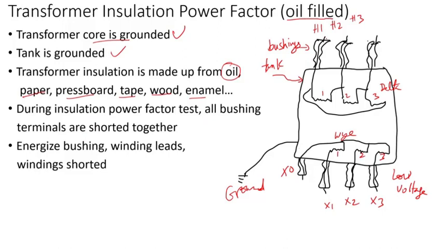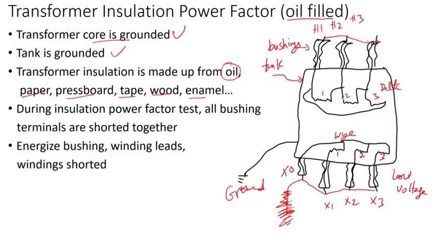During the insulation power factor test, all bushings, what you do is connect the terminals together. You put a wire or a conductor basically. Then you do the same thing for the low voltage. And if you have the XO, typically the neutral bushing will be grounded, so you have to remove that ground.